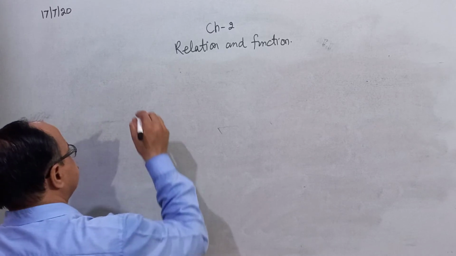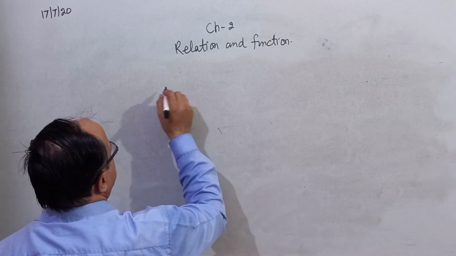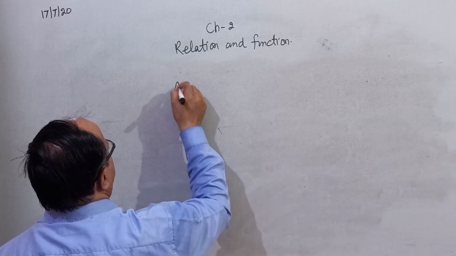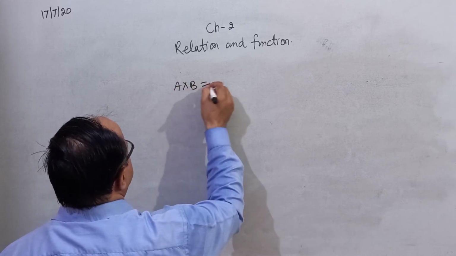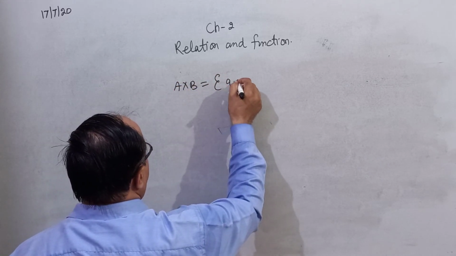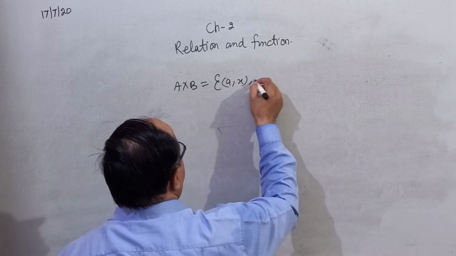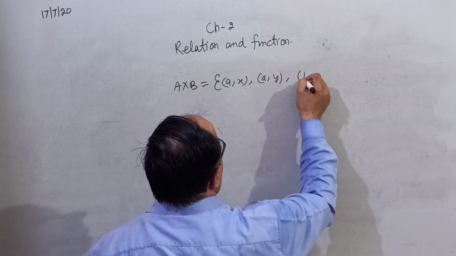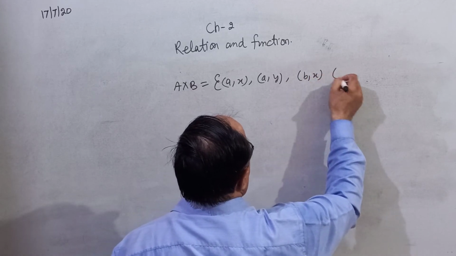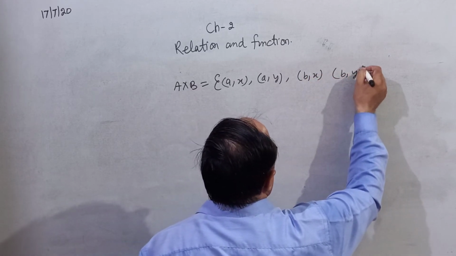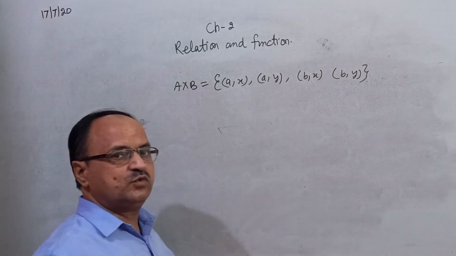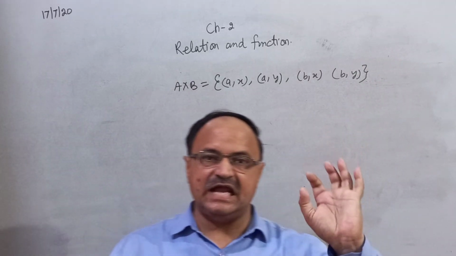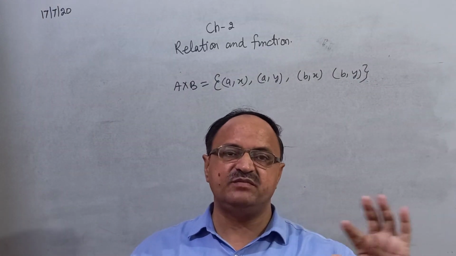Next question. Suppose A cross B is equal to A comma X, A comma Y, B comma X and B comma Y. With the help of this, can you find the elements of set A and set B?